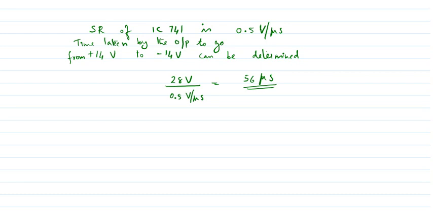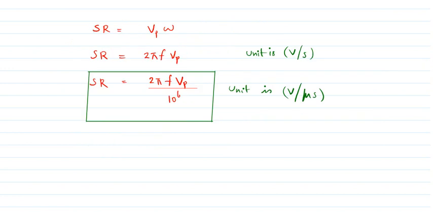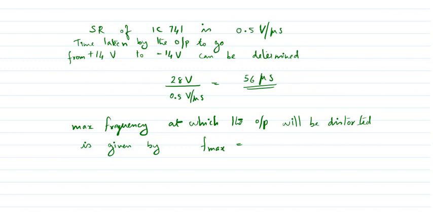Hence the maximum input frequency f max at which the output will be distorted is given by, from the slew rate equation, f max equal to 1 by 2 times 56 microseconds. So that will be 8.93 kilohertz.